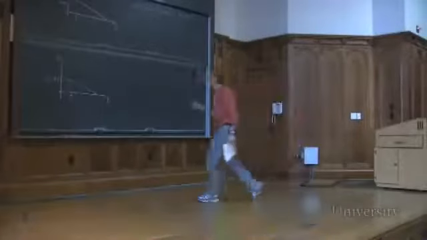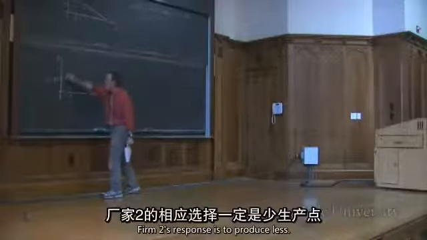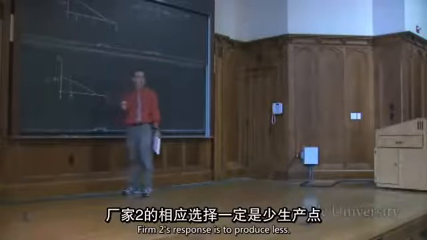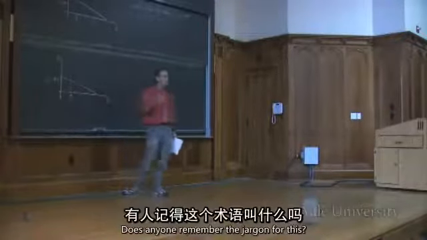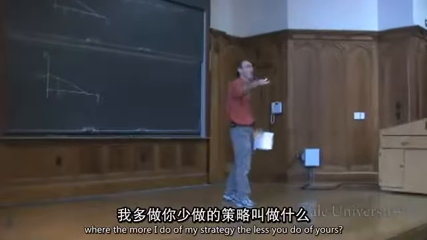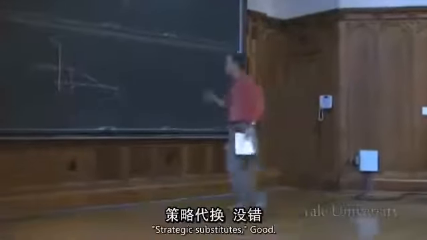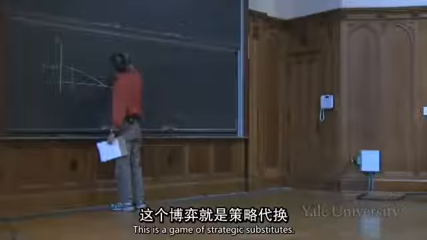Less. As firm 1 produces more than her Cournot quantity, firm 2's response is to produce less. Does anyone remember the jargon for this? What do we call games where the more I do of my strategy, the less you do of yours? Strategic substitutes. Good. This is a game of strategic substitutes.